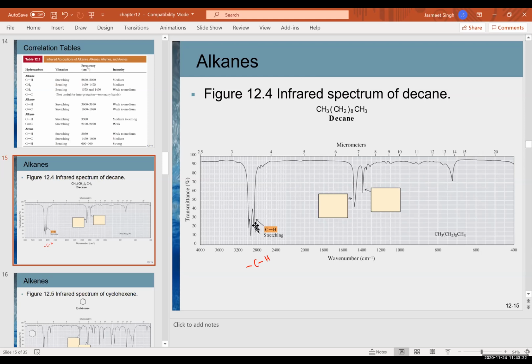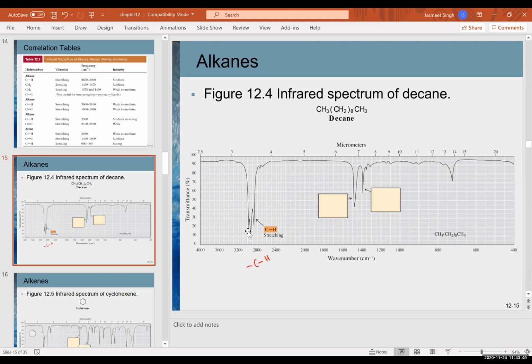Another characteristic peak you will obtain is this one, which is 1400 to 1500 in the middle of that. If you look at your table, what can you tell what this peak is? It's CH2.